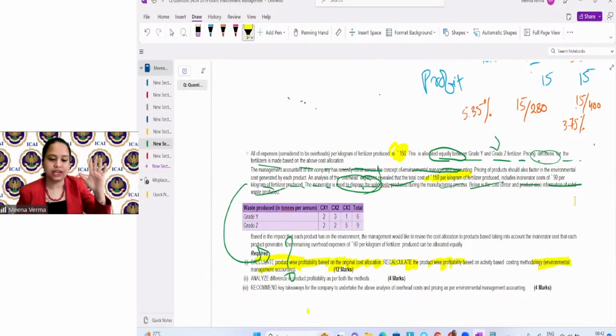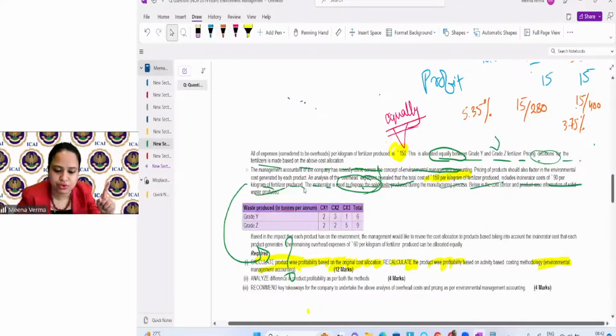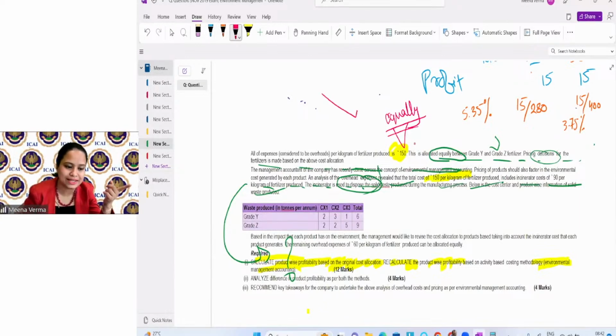Previously we have allocated it equally to the products, right? Equally. But now we have to reclassify these overhead costs as 90 and 60. And then 60 should be allocated equally to both the products, and 90 should be allocated using this. Using this, we have to allocate the cost. All right. Okay, let's see how we will do this.